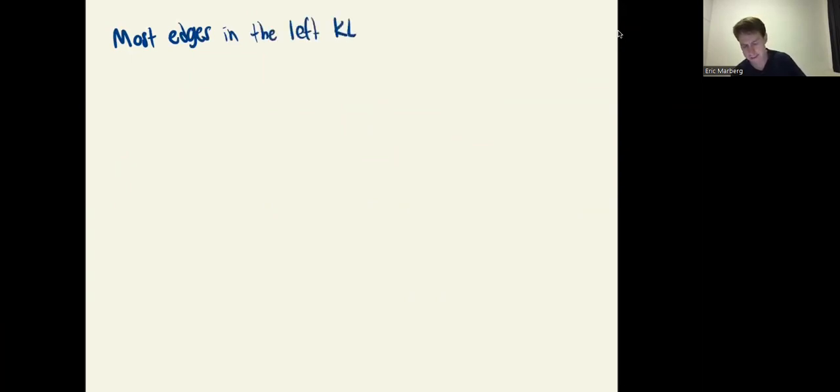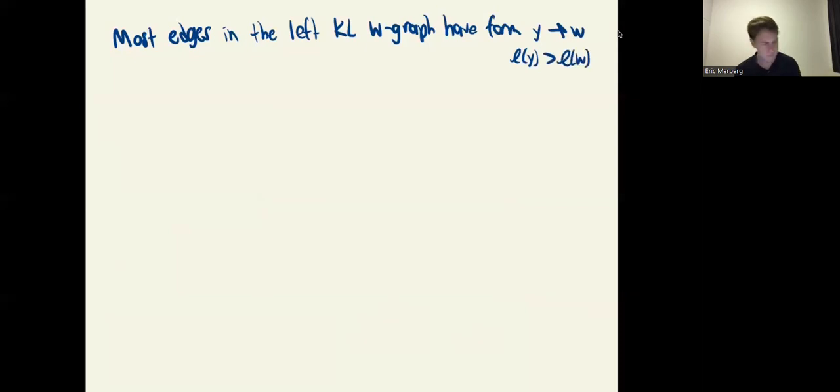Okay, so one more thing to say is, most edges in the left Kazhdan-Lusztig W graph have the form y goes to w, where the length of y is greater than the length of w.